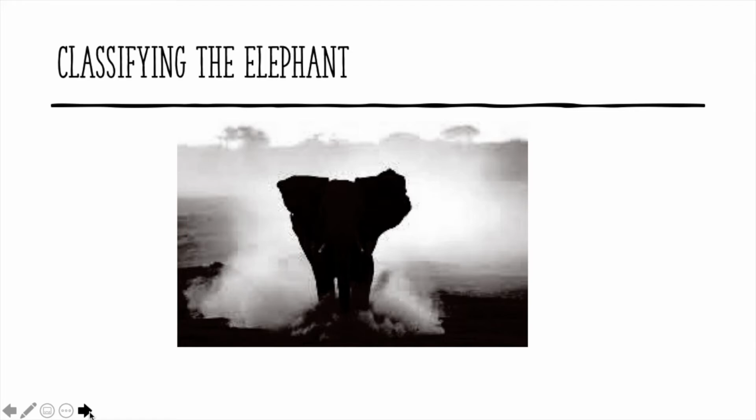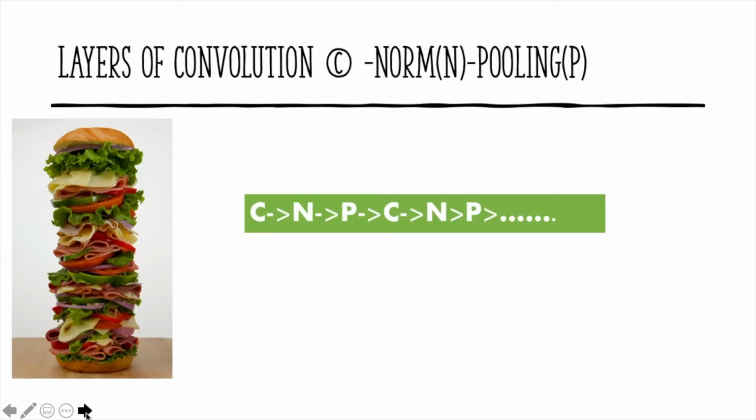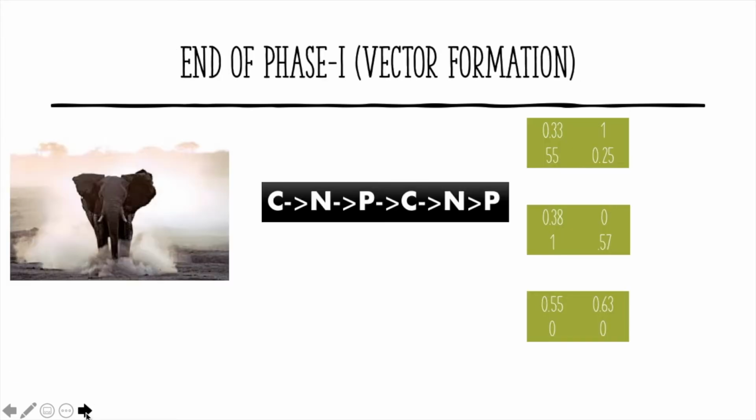If you remember, we took an elephant, started putting together its attributes, and then went through a series of steps: filtering, normalization, pooling, and finally when we concluded that video, we arrived at a compressed grid for each of the features. This is where we concluded phase 1 of our session.